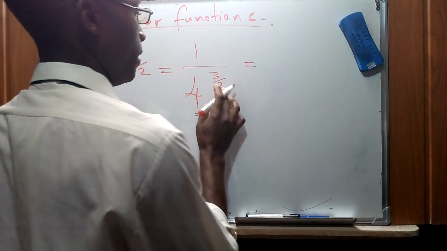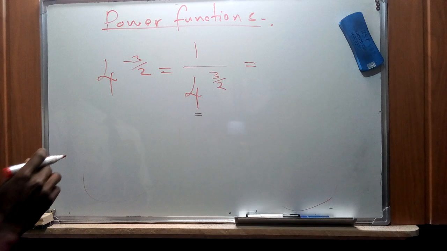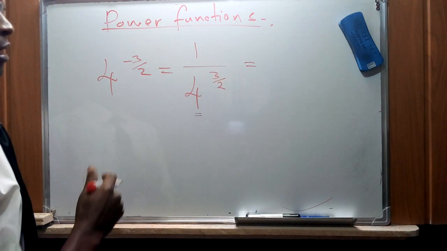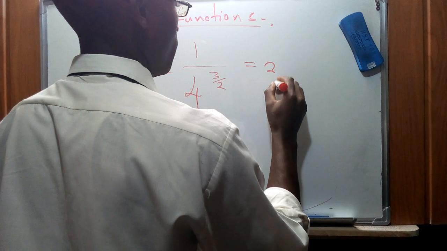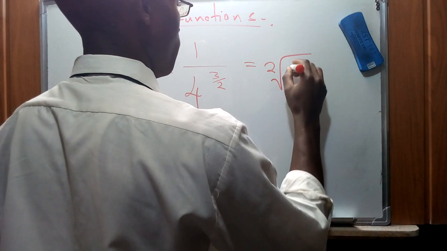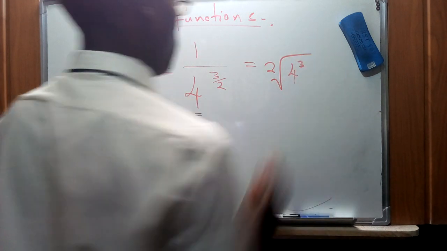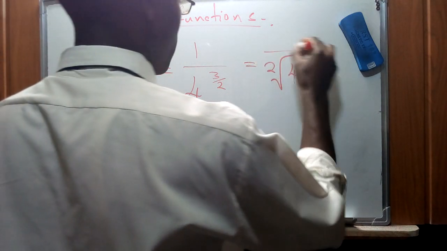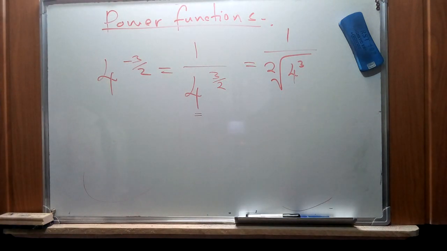So if this is the numerator part of this fractional exponent, we're going to write it as 2 to the power of 4 cubed. So in this case, as we have said, we normally express it in terms of a fraction as such.